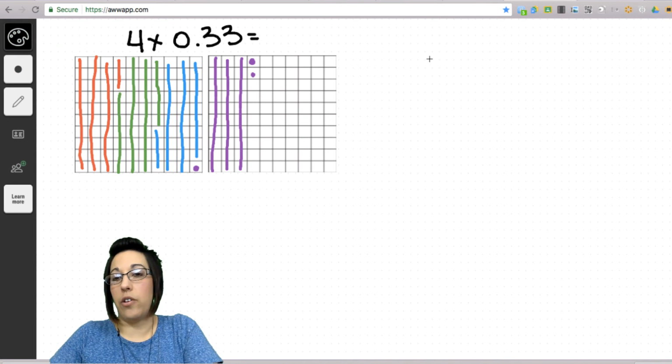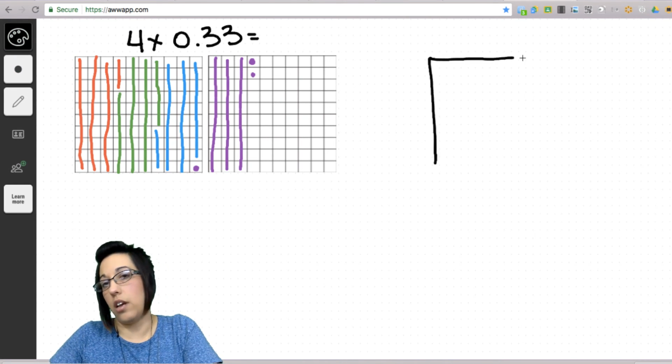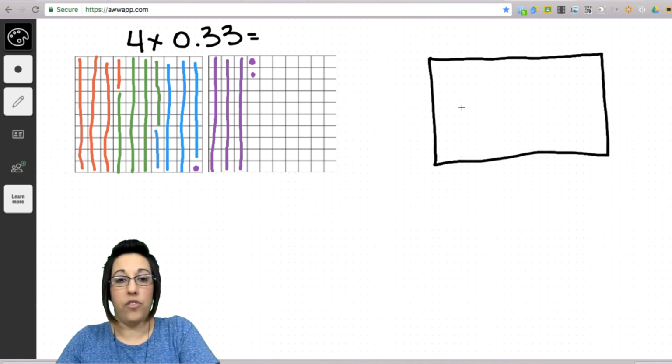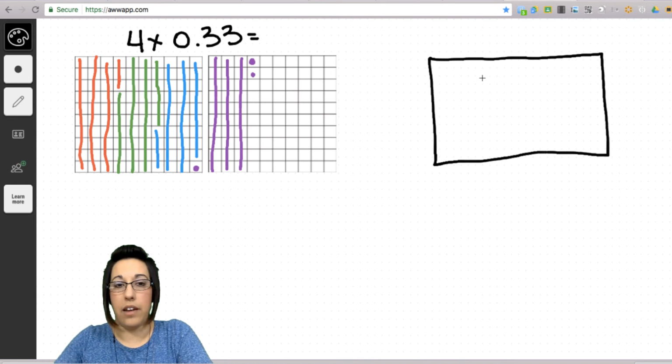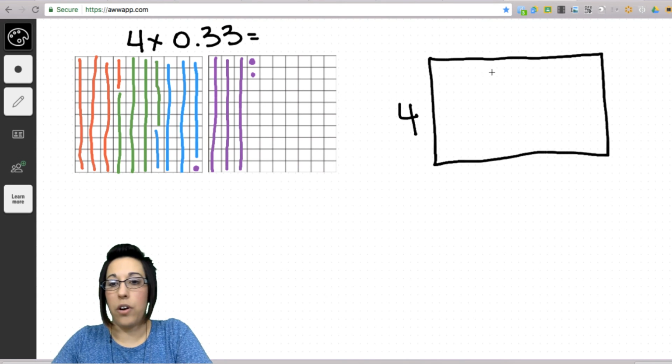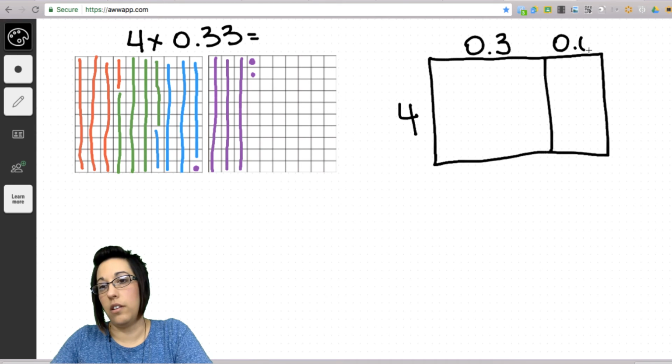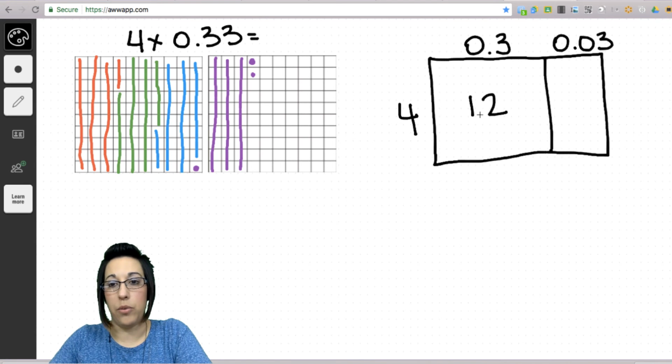Let's try the area model and see if there was a math error or if I just counted wrong on that last set. So we have 4. We're going to split this up into 3/10 and 3/100. 4 times 3 is 12. 1 decimal space. 4 times 3 is 12. 2 decimal spaces.